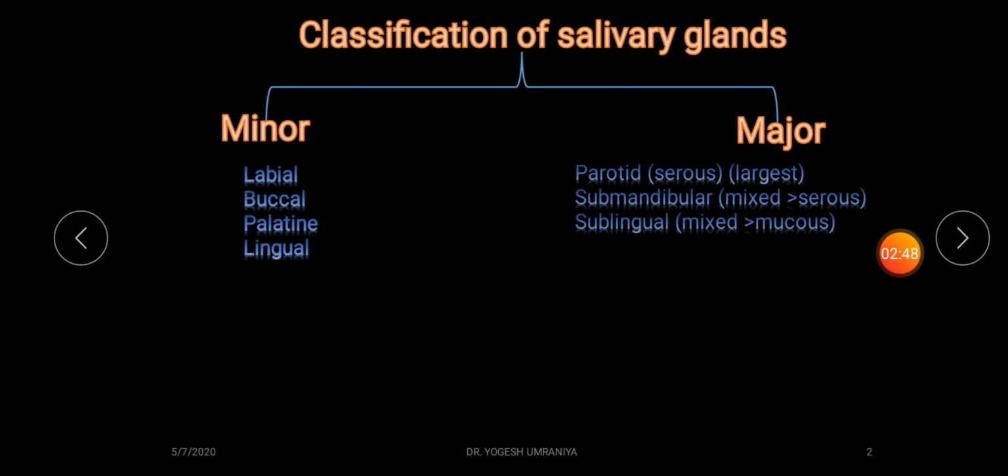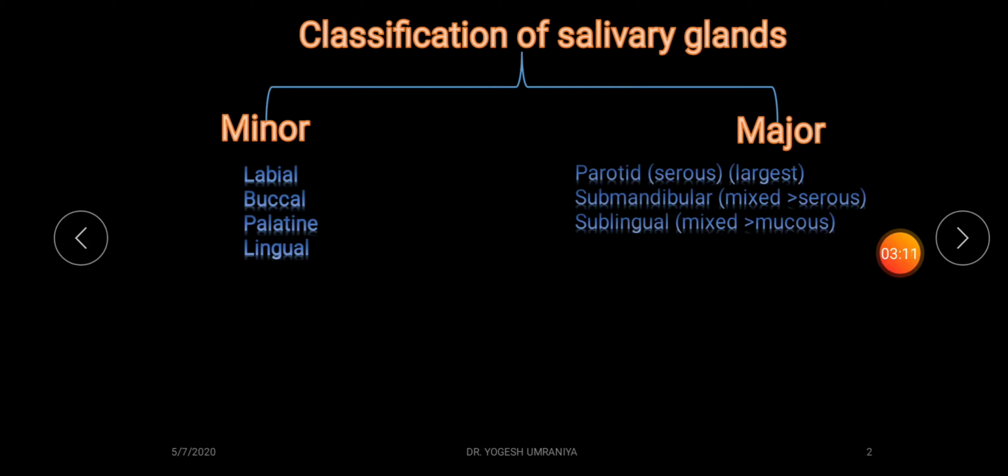While in the sublingual we take the two letters S and L. S is for serous, and L is for less. So the serous component is less as compared to the mucus in the sublingual gland. So this is something regarding the classification of the salivary gland.